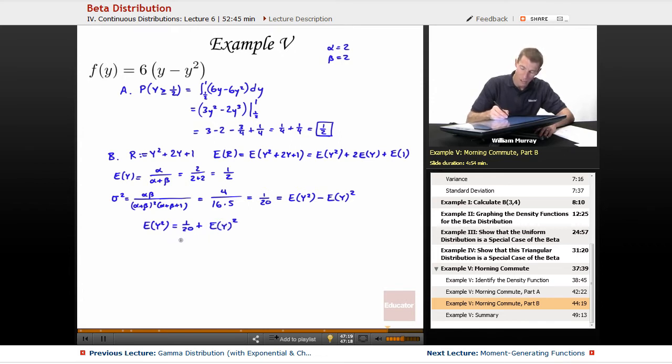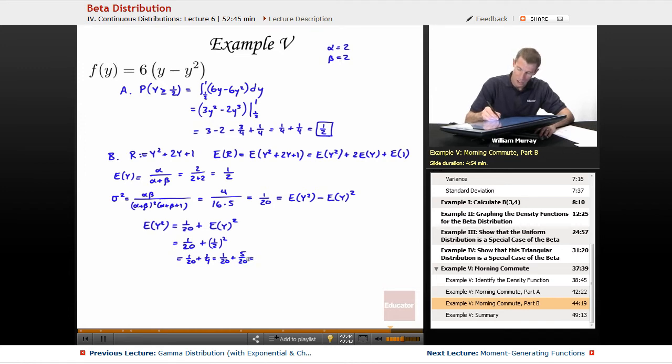And now we can write that as 1/20 plus, we figured out what e of y is, it's 1/2, we figured that out up above, so 1/2 squared. So this is 1/20 plus 1/4, which is, my common denominator there is 20, 1 over 20 plus 1/4 is 5/20.